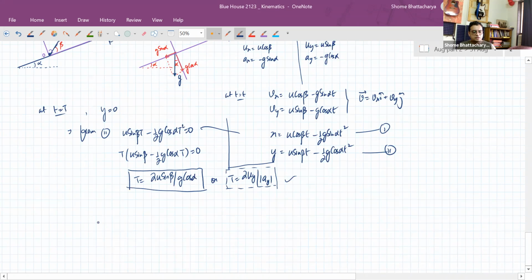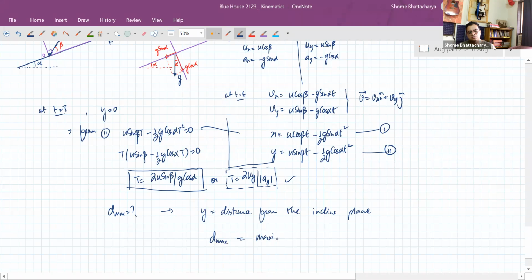Now the next thing is that we want to calculate the maximum distance. Basically, again, y is the distance from the inclined plane. So d max is nothing but the maxima of y.